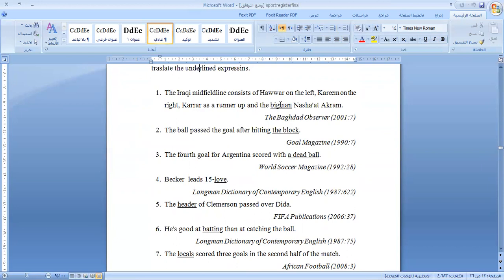Okay, actually, if we look at the sentence, we notice that the big man is a sport terminology or a sport expression. If we render it literally as الرجل الكبير, this rendition has no sense. So how can we render this sentence?